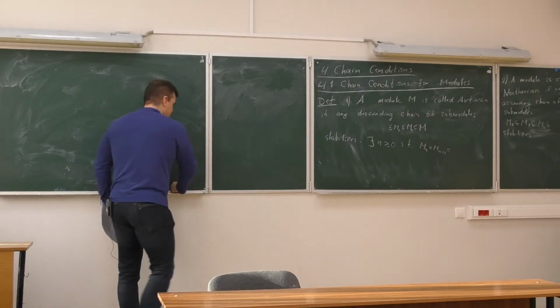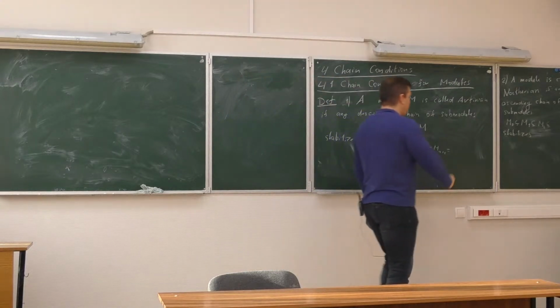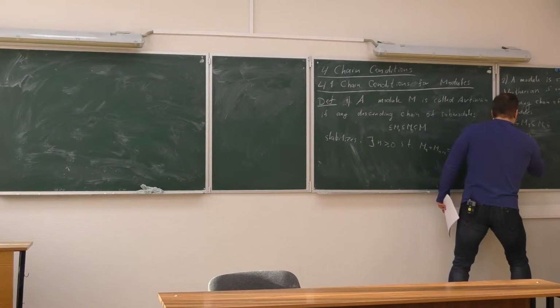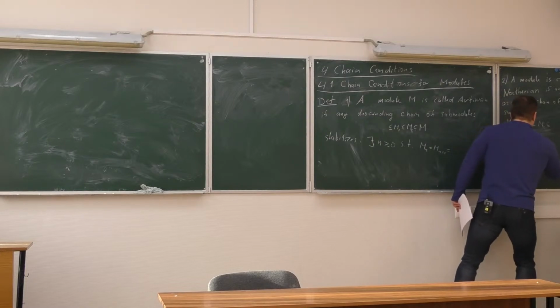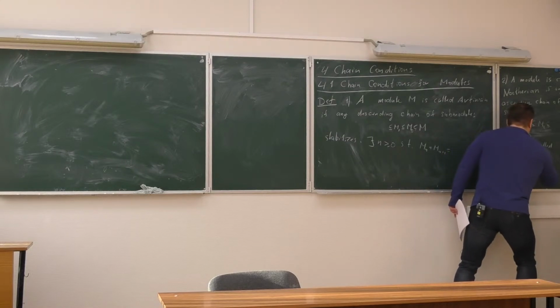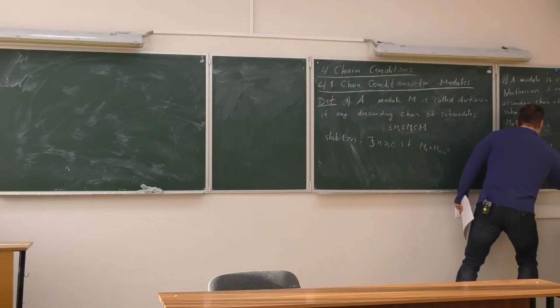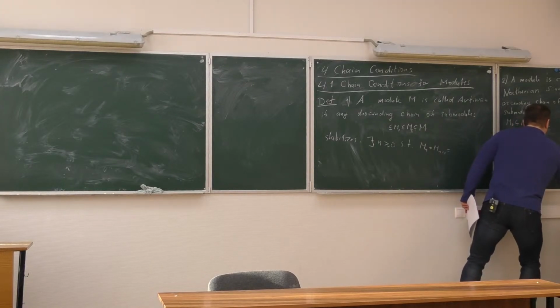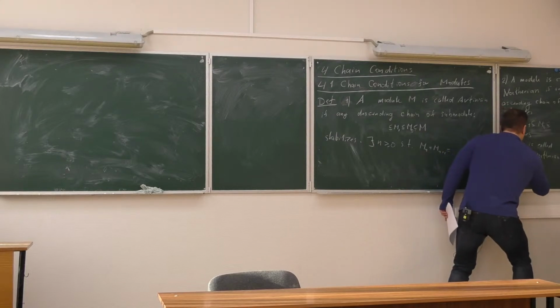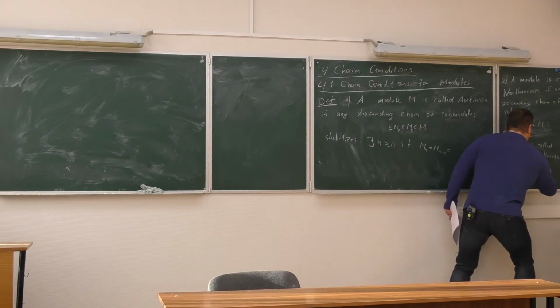Okay, well, maybe I add the third part in this definition the following: a ring is called Artinian or Noetherian if it is Artinian as a module, or Noetherian respectively.